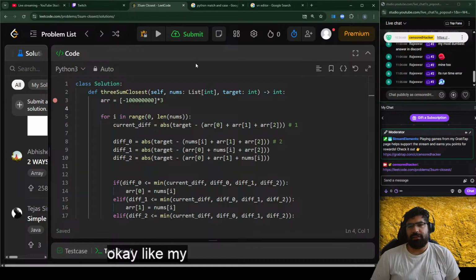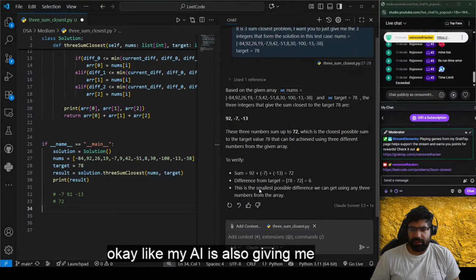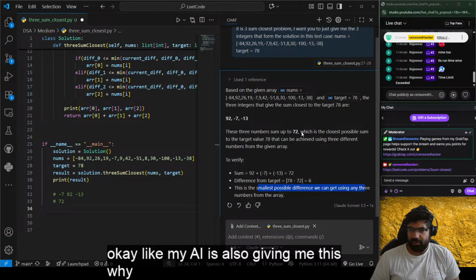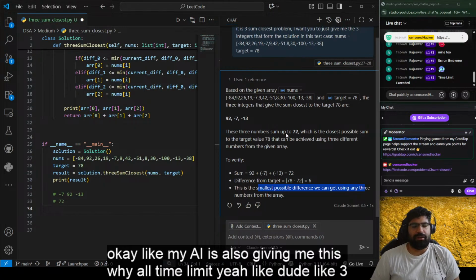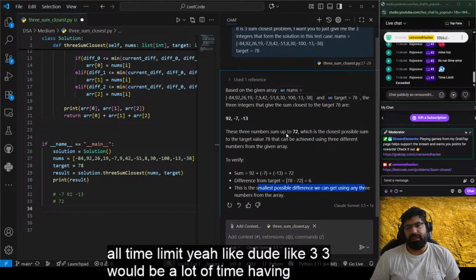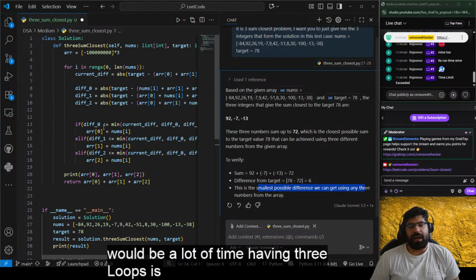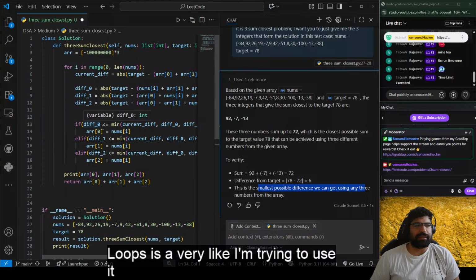My AI is also giving me this. Why? Oh, time limit. Yeah, dude, three loops would be a lot of time. I'm trying to use it with just one loop. That's the thing.